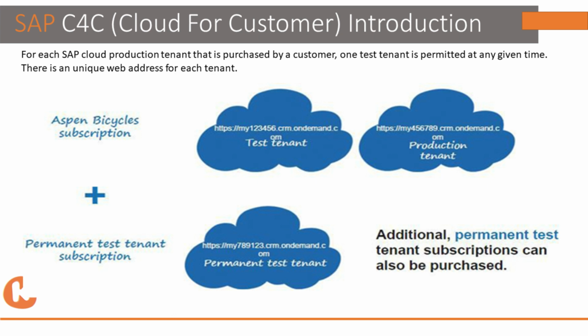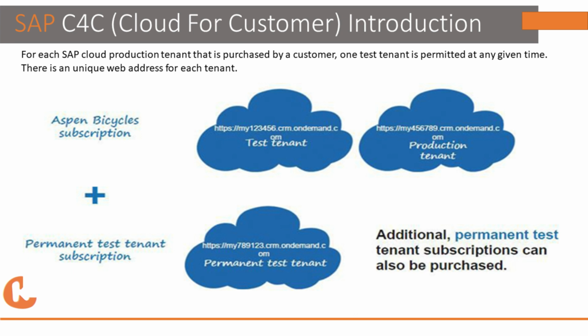Now on this screen, you can see there are three cloud icons, and in these three cloud icons there are three different URLs. Why do I say different URLs?